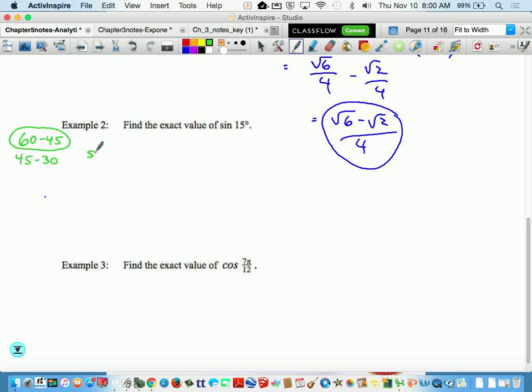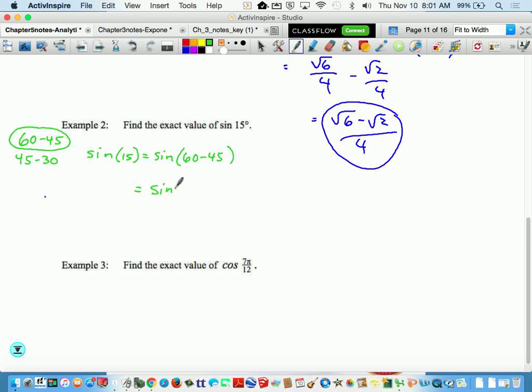So when you do a sine of 15 degrees, we're going to switch it to the sine of 60 minus 45. So this will allow me now to do the sine formula up above. And the sine formulas go sine, cosine, multiplied, cosine, sine, and the adding or subtracting matches this time.